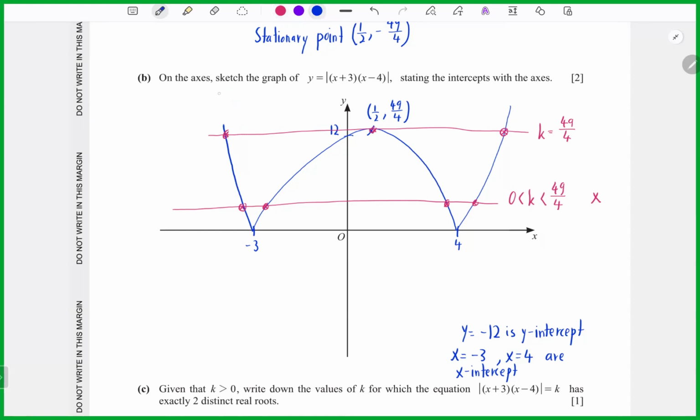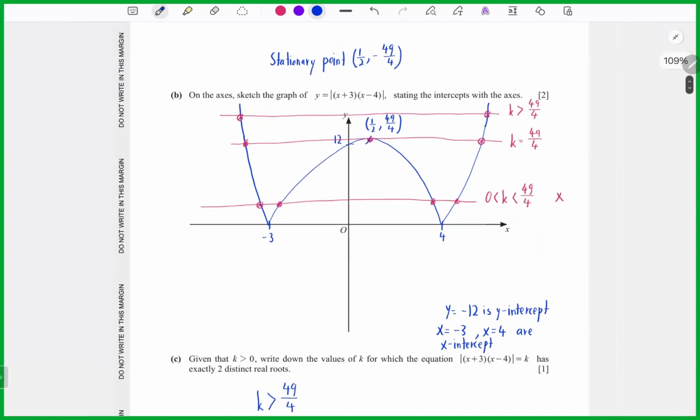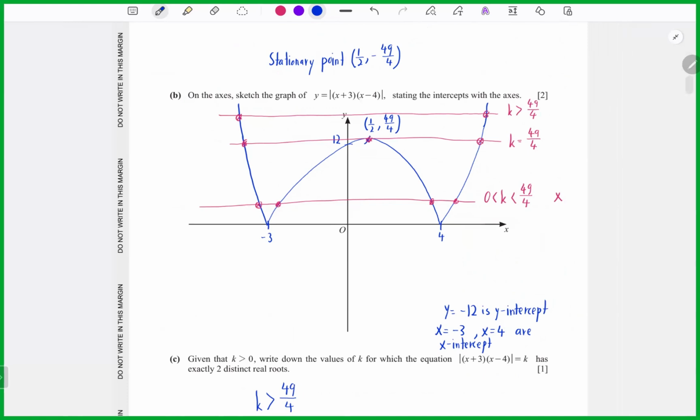If k is more than 49 over 4, yes, you can see there are 2 distinct points. So your answer should be k more than 49 over 4, based on these diagrams here. I hope you can get it.